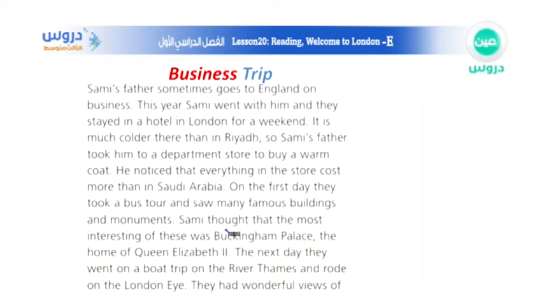Sammy thought that the most interesting of these was Buckingham Palace, the home of Queen Elizabeth II. This is 2, okay? The next day, they went on a boat trip on the river Thames and rode on the London Eye. They had wonderful views of the city from the top. Sammy could see that London is bigger than Riyadh.